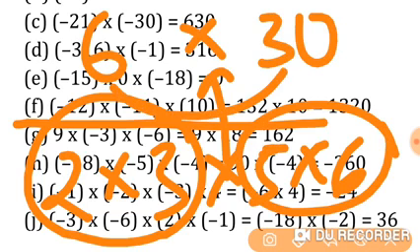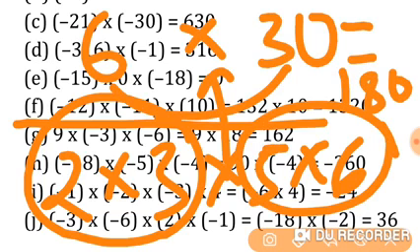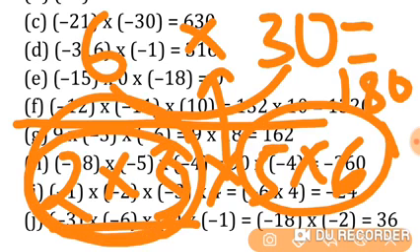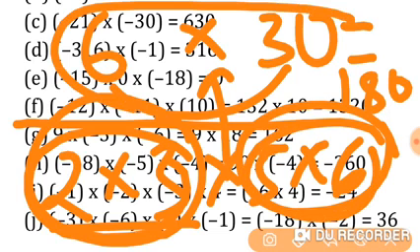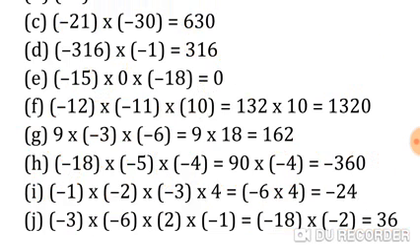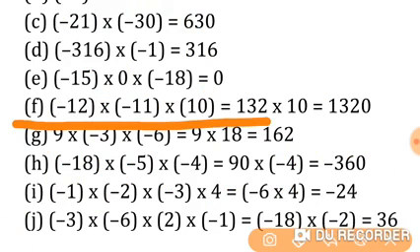Then you will multiply 6 into 30, and it will come as 180. It is like associating. It is nothing but associating. We are associating two integers with the multiplication, then we are associating these two. Clear?